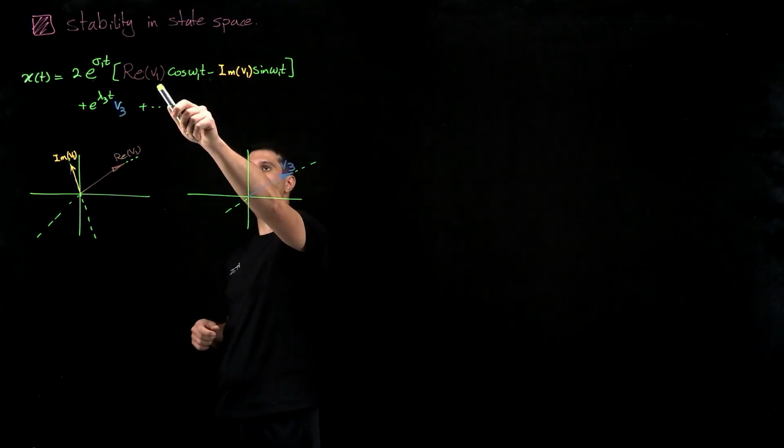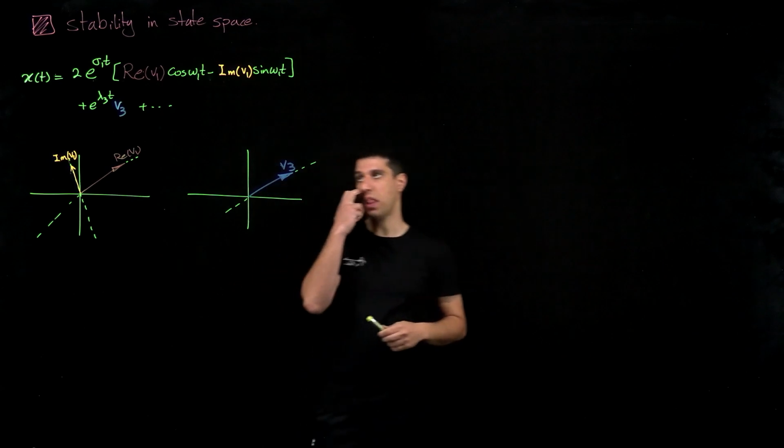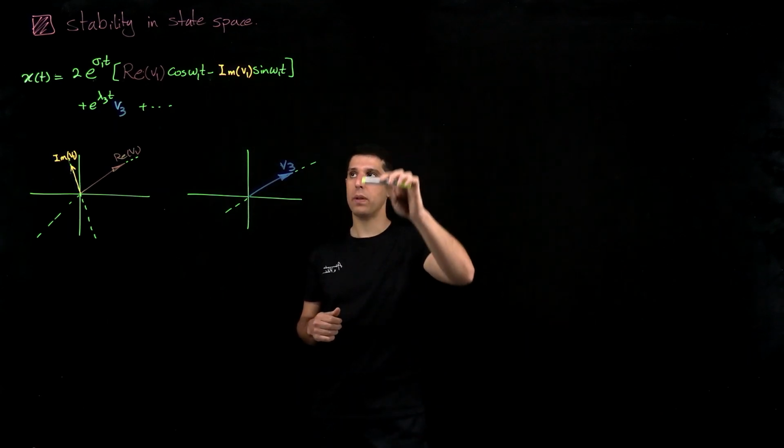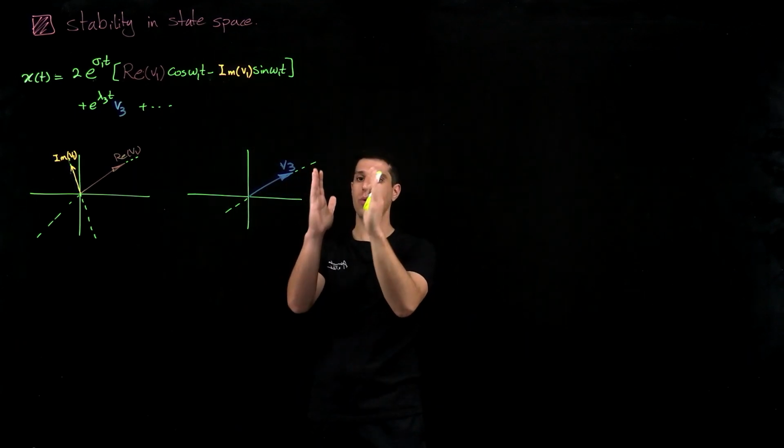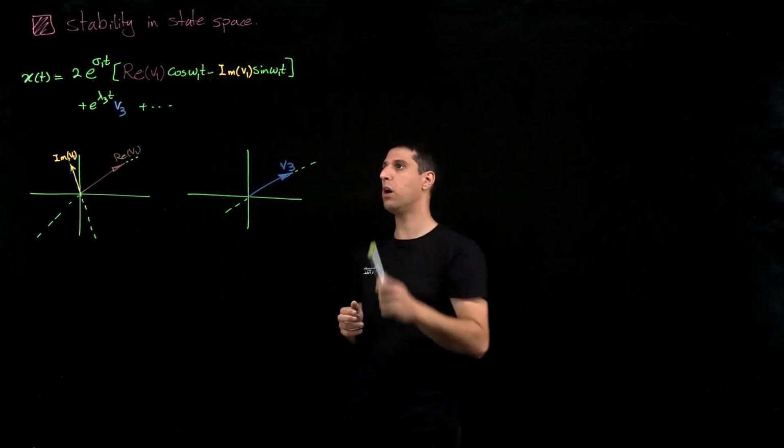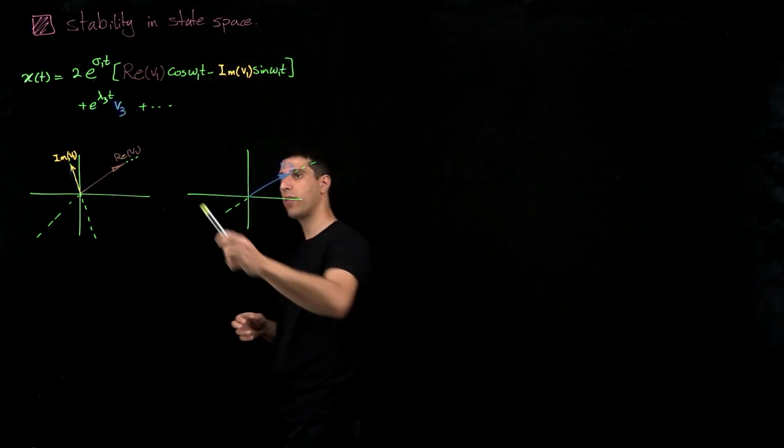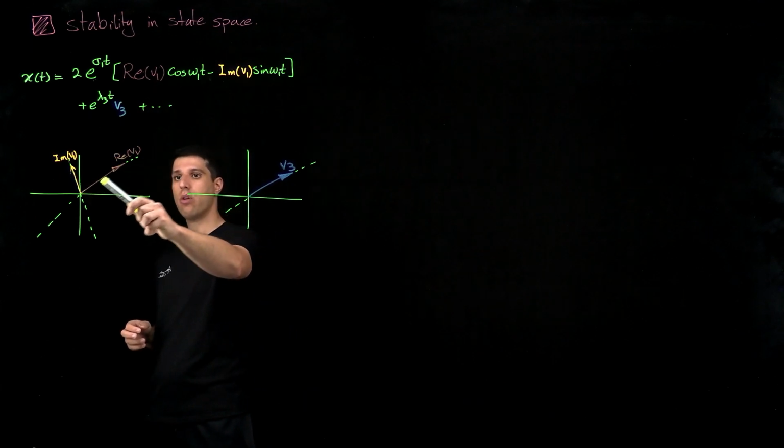So remember, V1 in this case, let's focus on that, is a vector of complex numbers. So I'm taking the real part of all those numbers in each element, and that forms a vector. I can draw it.